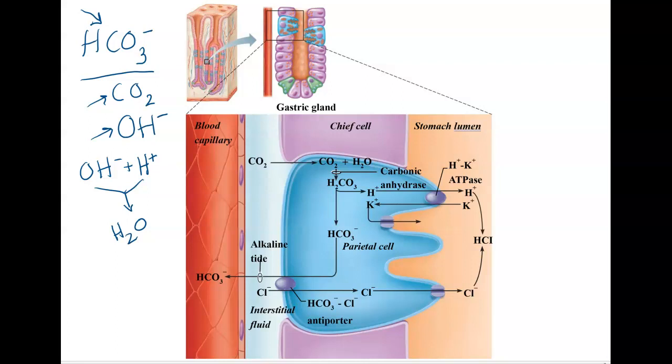Now, we've talked about that so far in the context of respiration and carbon dioxide, either holding onto it or expelling more of it. So now let's look at what happens when a person profusely vomits. That could be from something like the norovirus.